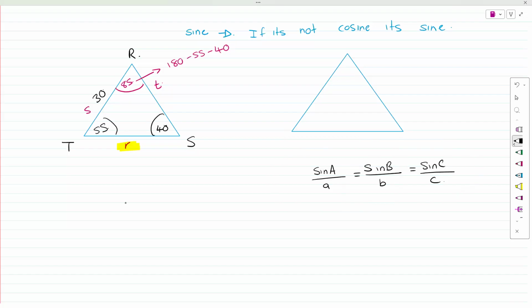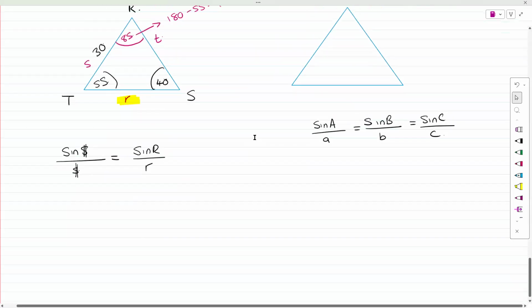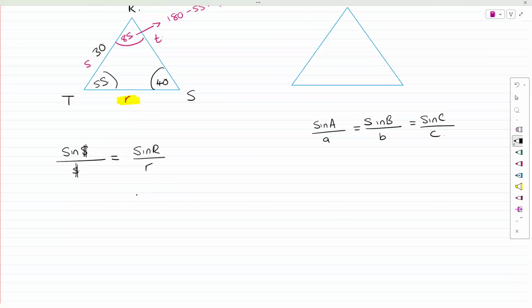So if I look at this, I got sine S over S. I put my S like this because it looks like a 5, but anyway. And I'm going to pick R to calculate. So I want to do sine R over R. And then quite simply, this can be solved because this is sine of 85 over 30.